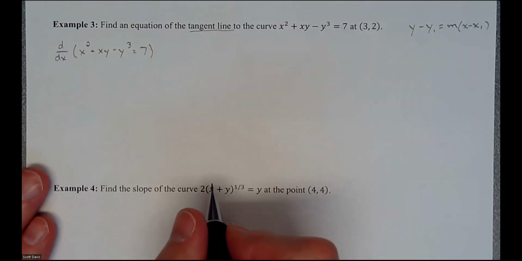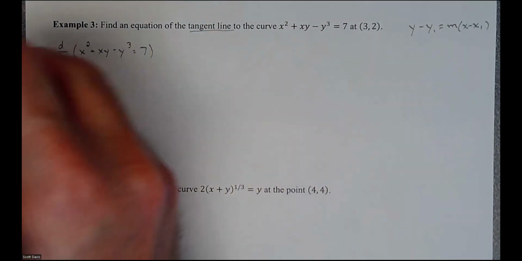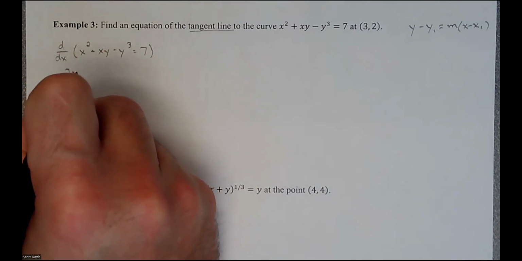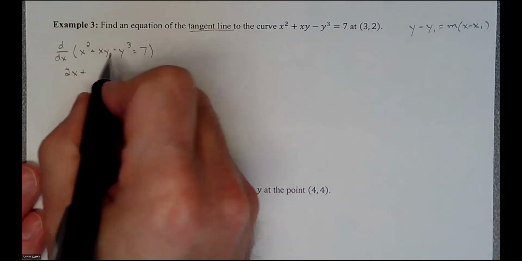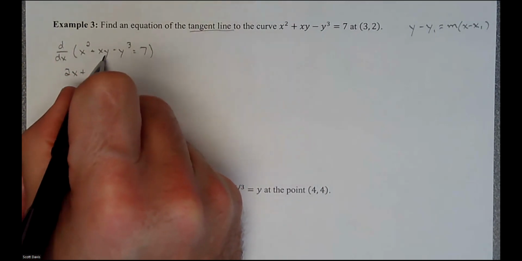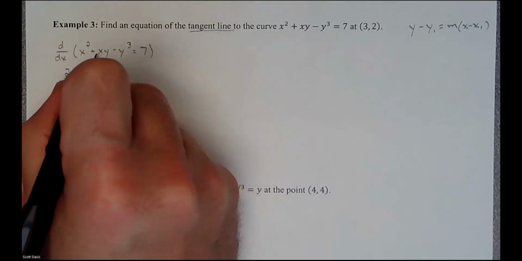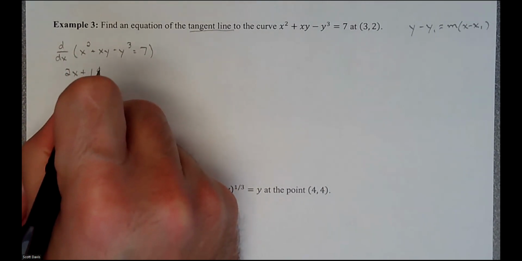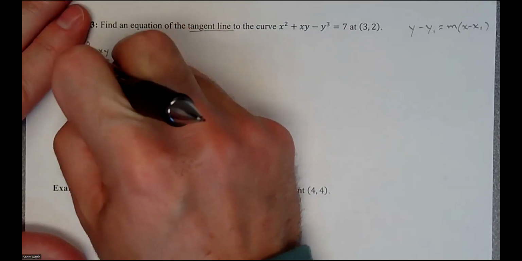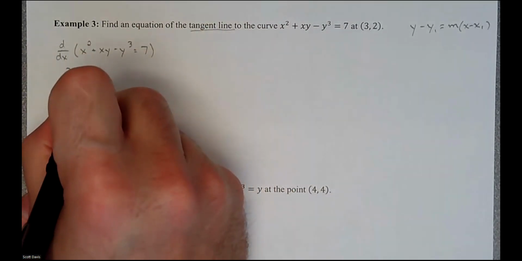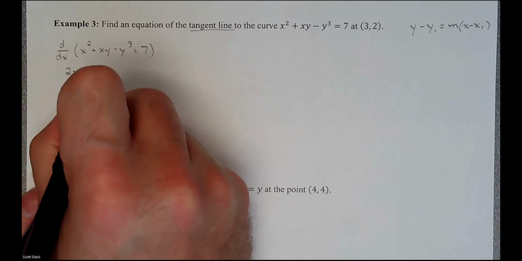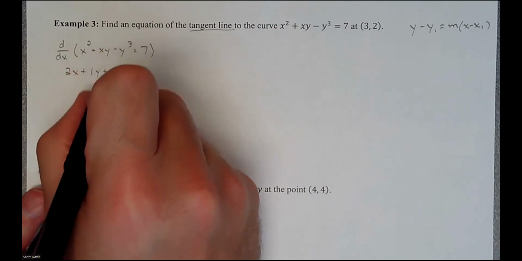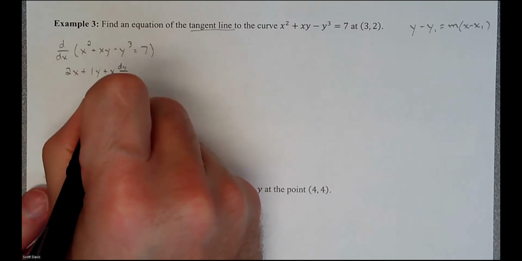The derivative of x squared is 2x plus, this is a product rule, so we're doing the derivative of xy. The derivative of x is 1 times y, so the derivative of the first times the second plus the first times the derivative of the second. So that's 1 dy/dx.